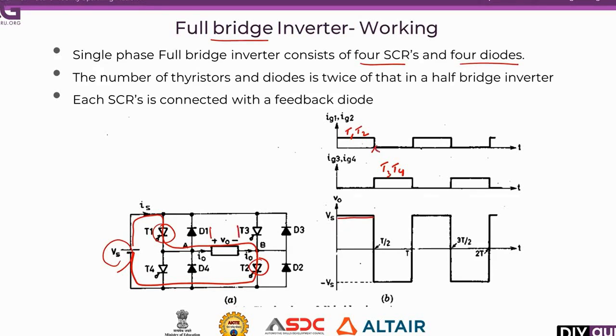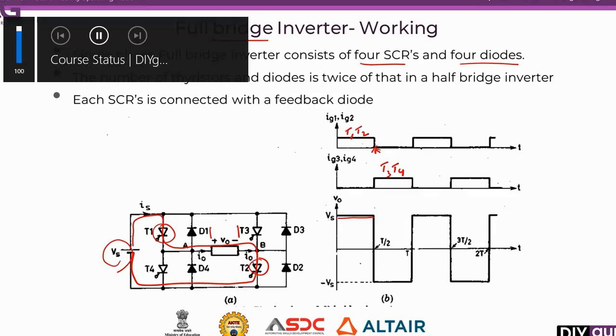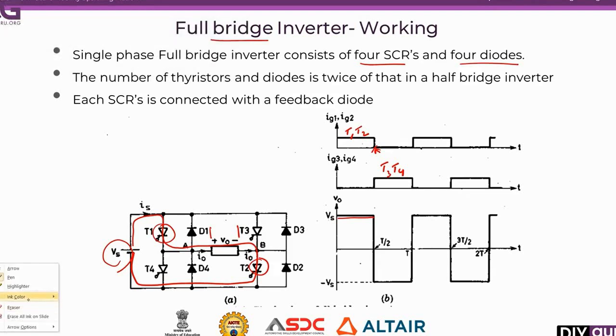At this particular instant, when I turn off T1 and T2, T3 and T4 are turned on. So there is a change in the current direction. Current flows to T3 and through the negative of the load, and T4 conducts and it reaches the negative of the source.